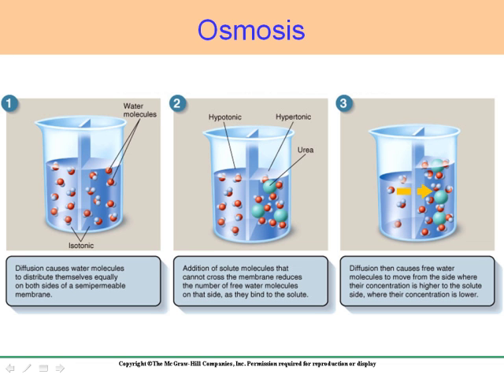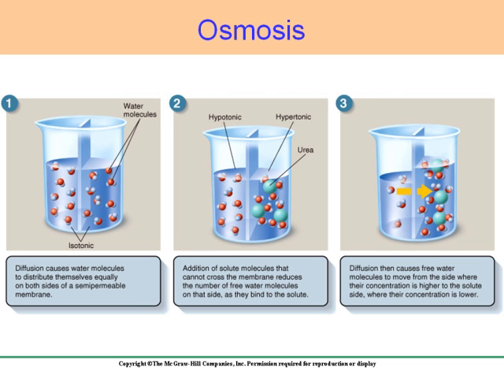Notice that on the left-hand side of the semipermeable membrane in the beaker, you can see that the solution is labeled as hypotonic. This is in contrast to the right-hand side of the beaker, where the solution is labeled hypertonic. The words hypotonic and hypertonic can also be used interchangeably with hypoosmotic and hyperosmotic.